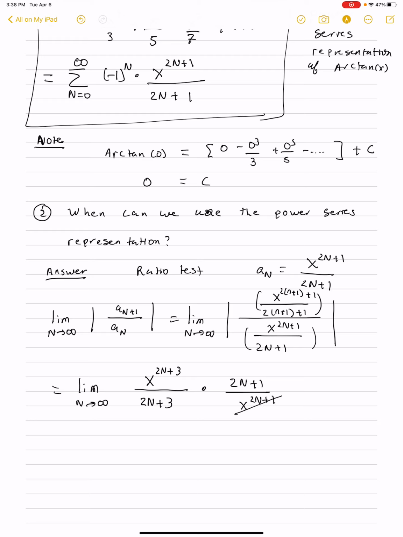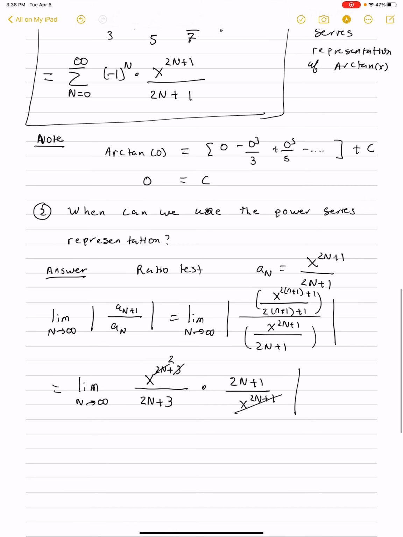I get to cancel all of that with all of that, and I'm left with a x squared in the numerator. So I'm going to have x squared here, and it's going to be multiplied by 2n plus 1 over 2n plus 3, and I can evaluate this limit. It's 1, so I'm left with this x squared, and that is the limit.